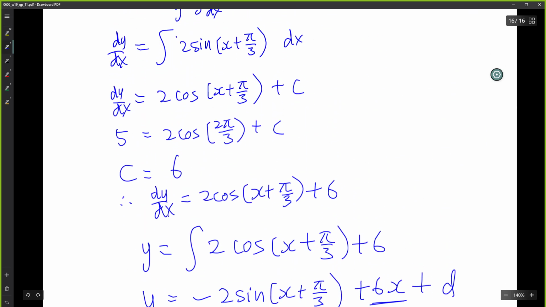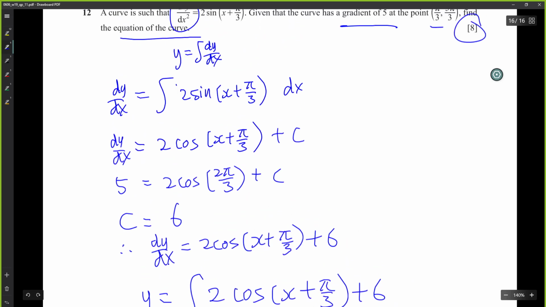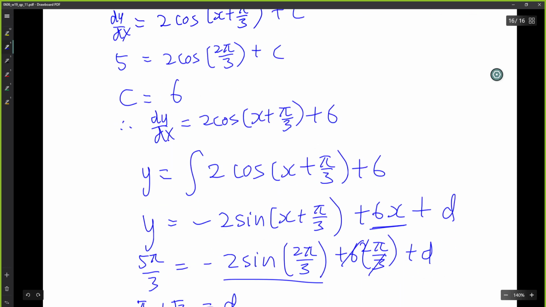Is it a minus 6 or positive 6? 5 minus 2 cos 2 pi over 3. Yeah, this is positive 6, right? If this is positive 6, this is 6x. Then if this over here is 6x, then I pretty much confirm the marking scheme is wrong.